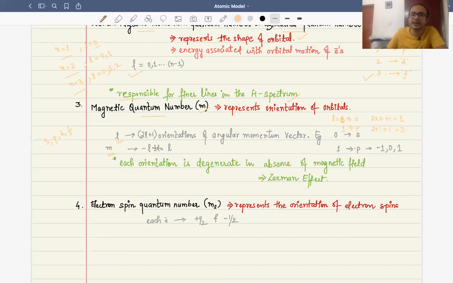Now, the values that m can have are given by, if L is 0, then m will have only one value, that is 0. When L value is 1, which represents the p orbital, we know there are 3 orientations possible. So the m values it might have are -1, then 0, then +1.